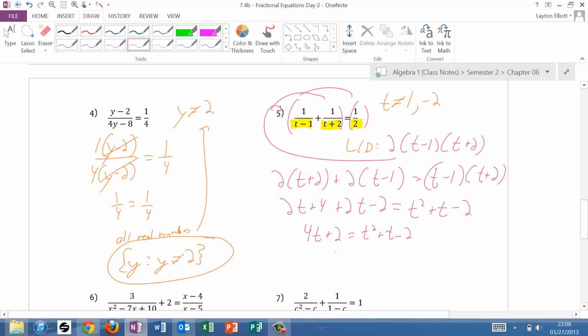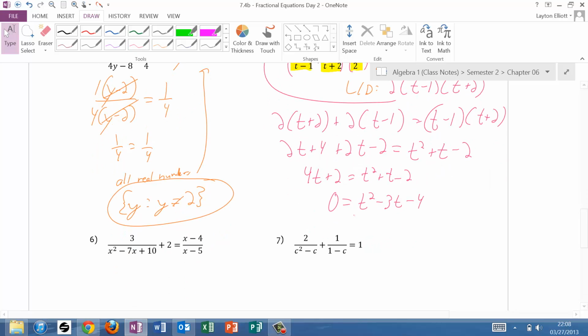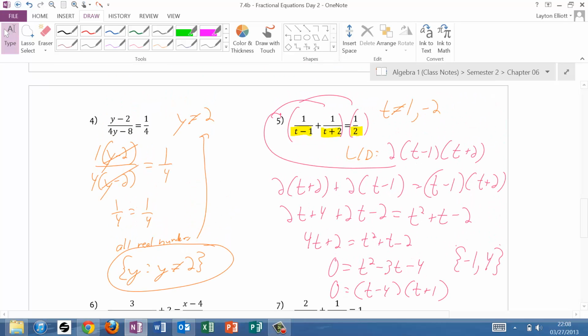Let's move everything to the right side, so I have 0 is equal to t squared, minus 3t, and then minus 4. Now we can factor this into t minus 4 and t plus 1, which tells me that t is equal to, if I put these in set notation, negative 1 and positive 4. Those don't violate any of my restrictions, so those are okay.